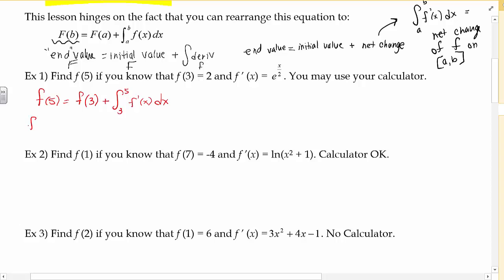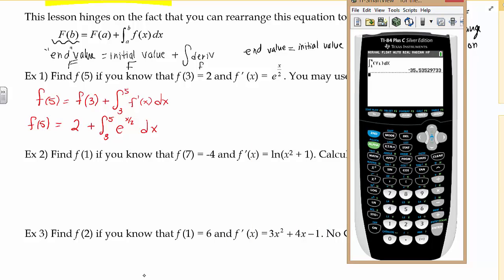So it says I can use my calculator. So F of 5 equals F of 3, which is 2, plus the integral from 3 to 5 of e to the x over 2 dx, because they told me e to the x over 2 is the derivative. So I'm going to pull up my calculator here and see what my calculator says. So on my calculator, I'm going to write 2 plus math 9.